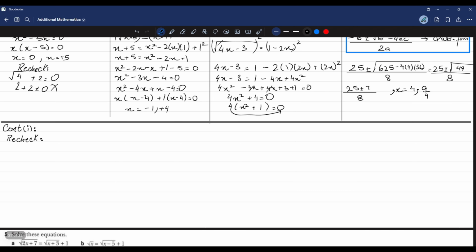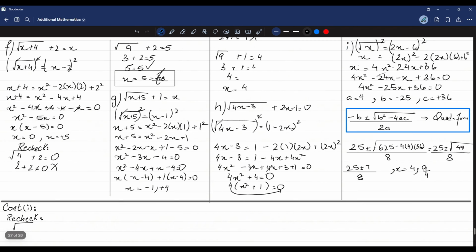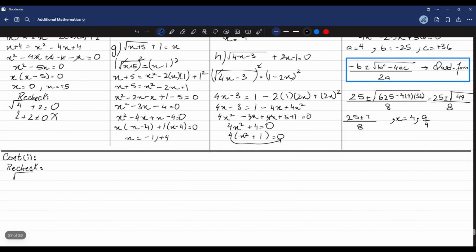So we have that under root of 4 is equal to 2 multiplied by 4 minus 6. So 2 is equal to 8 minus 6, which is 2. That tells us that 4 is the correct value.